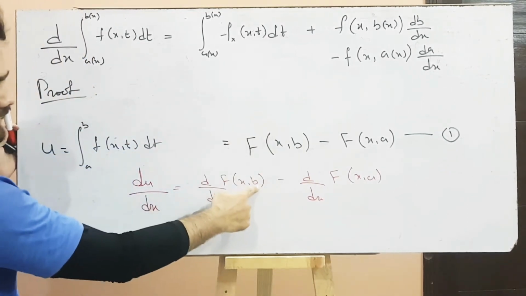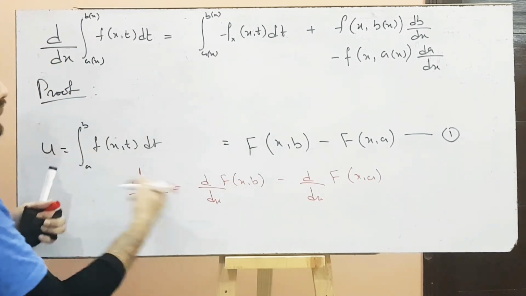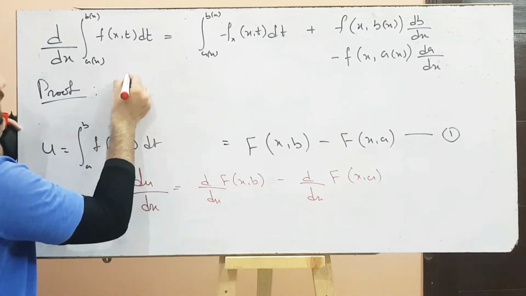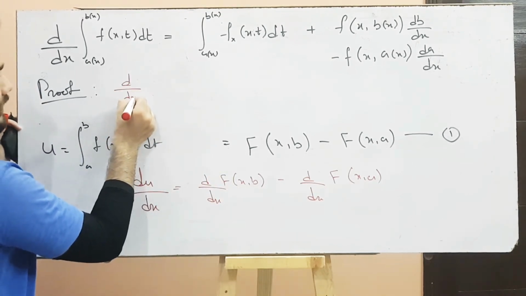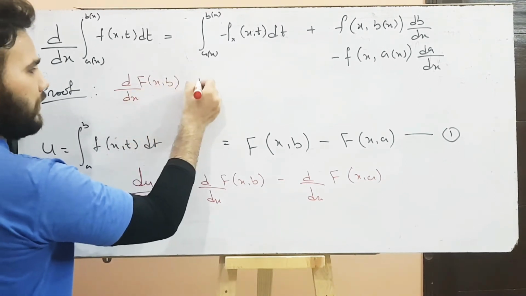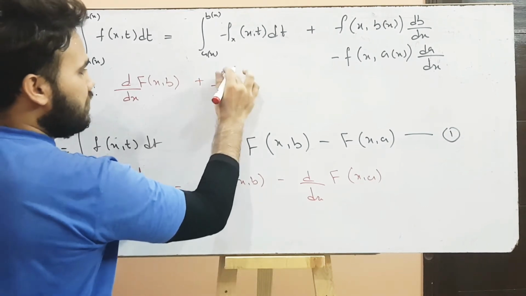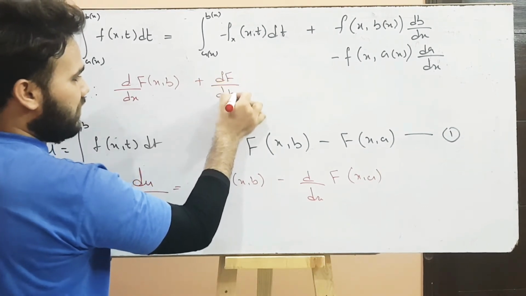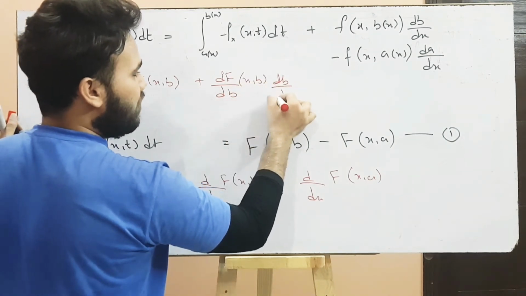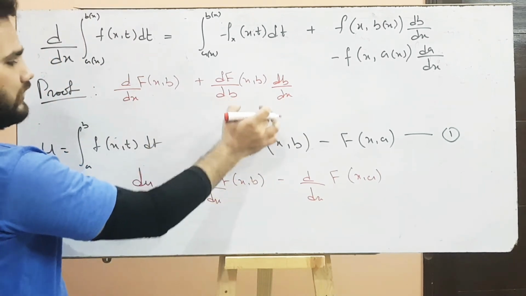We know that b and a are both functions of x, so by the total derivative we can say this is d/dx of F(x, b) plus ∂F/∂b at (x, b) times db/dx, because b is a function of x and this is the total derivative.